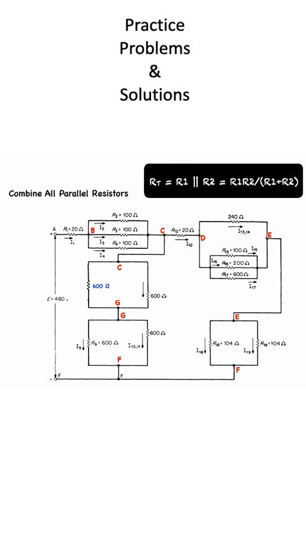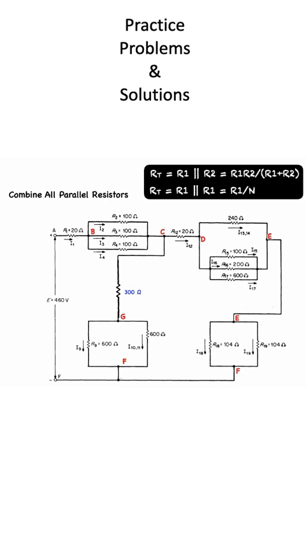In the case of a circuit of n equal resistors in parallel, the total or equivalent resistance can be determined from the following equation, where R is the resistance of each of the parallel resistors and N is the number of resistors connected in parallel. For section C to G, the resistance is calculated to be 300 ohms, and the equivalent circuit now looks like this.